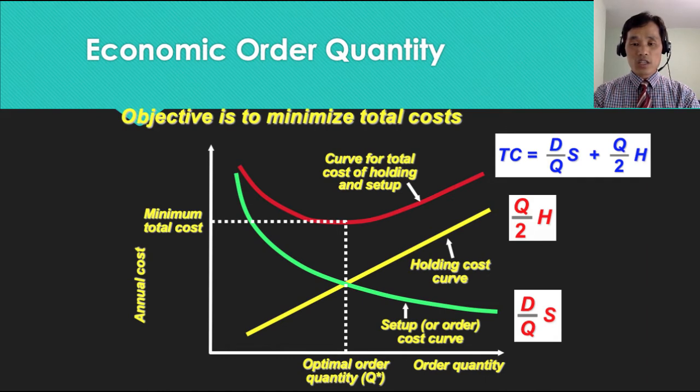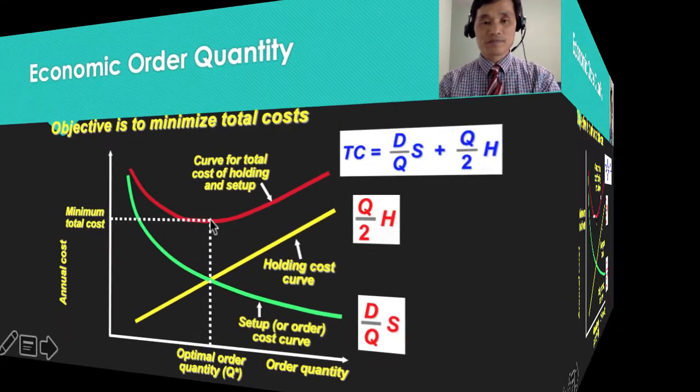That point is called the economic order quantity. So this point where handling costs and setup costs intersect is where the lowest total inventory cost occurs.